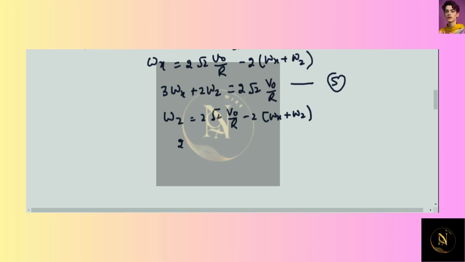So you will write 2 omega x plus 3 omega z equals 2 root 2 v naught by r, equation 6.